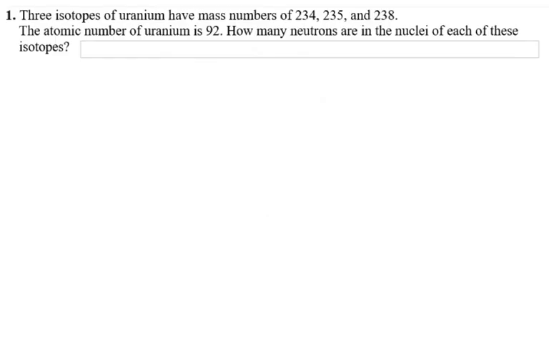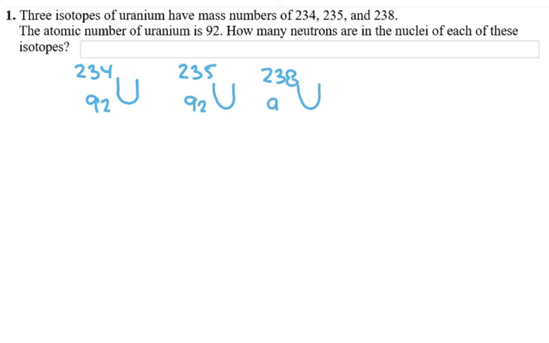Let's solve some simple questions at the end of this video. The three isotopes of uranium have mass numbers 234, 235, and 238. The atomic number of uranium is 92. How many neutrons are in the nuclei of each of these isotopes? So I have uranium with 234 and 92, uranium with 235 and 92, and uranium with 238 and 92.